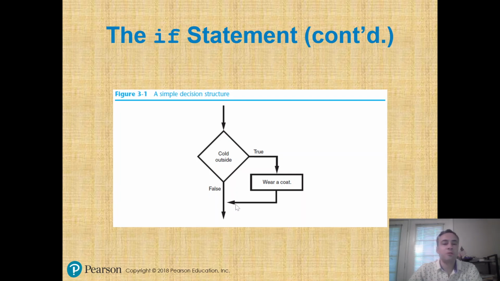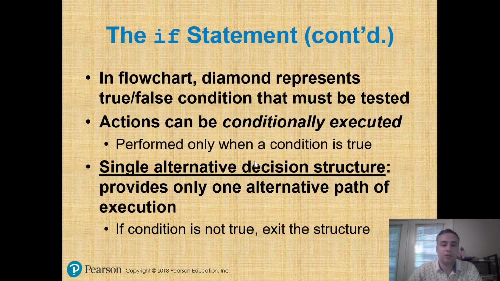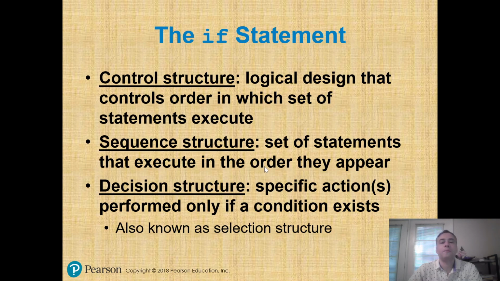This is not like a programming structure yet. This is like a human decision structure, but this is very good for your intuition. This is about as basic an example as you can have, and it does help you to understand what's going on later. So let me go back a little bit.